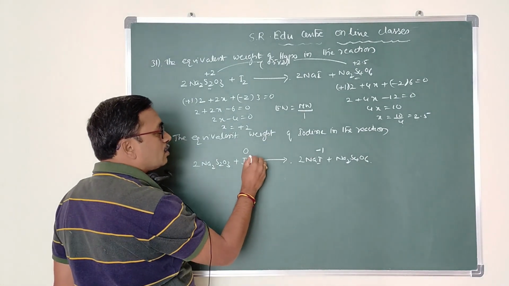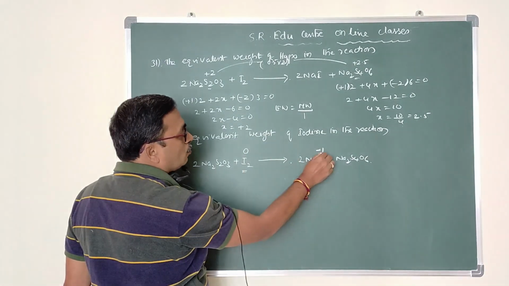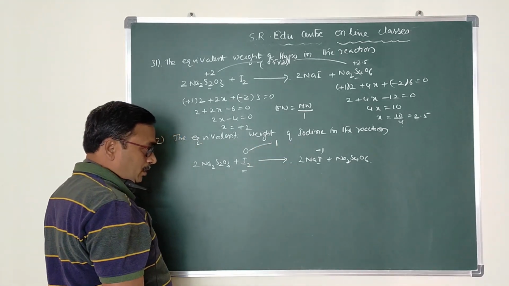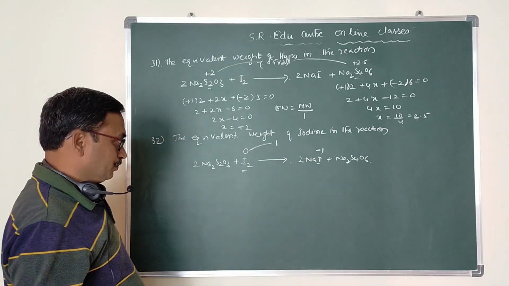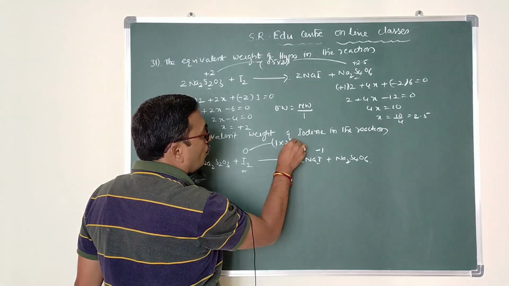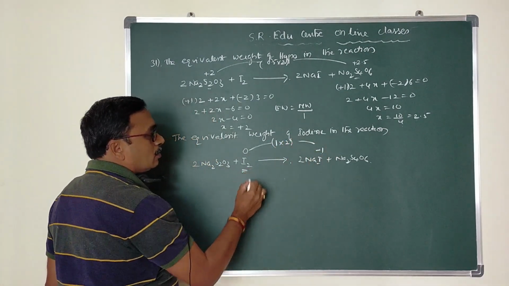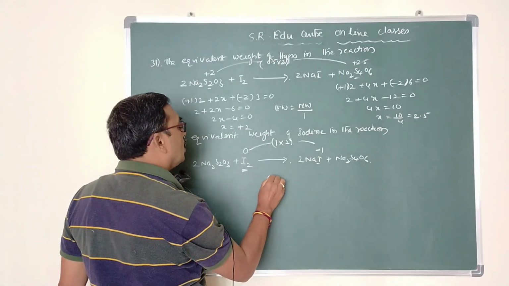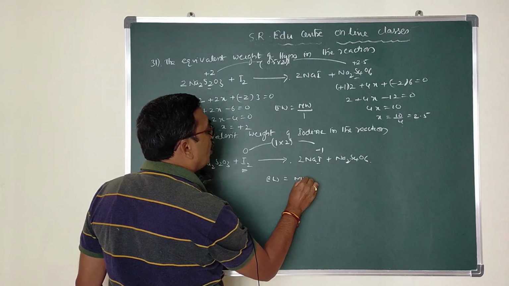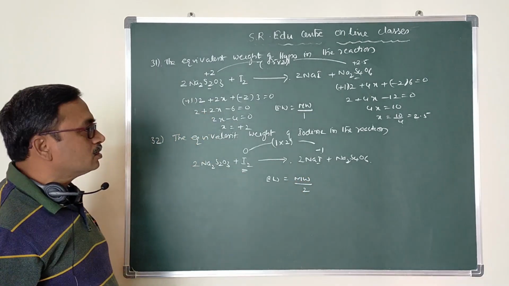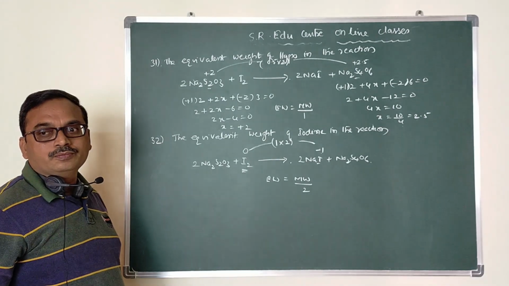So the change in oxidation state is 0 to -1, so the change is 1. Change in oxidation state per molecule is 1 into 2, because iodine contains 2 atoms. Hence, equivalent weight is equal to molecular weight by 2.